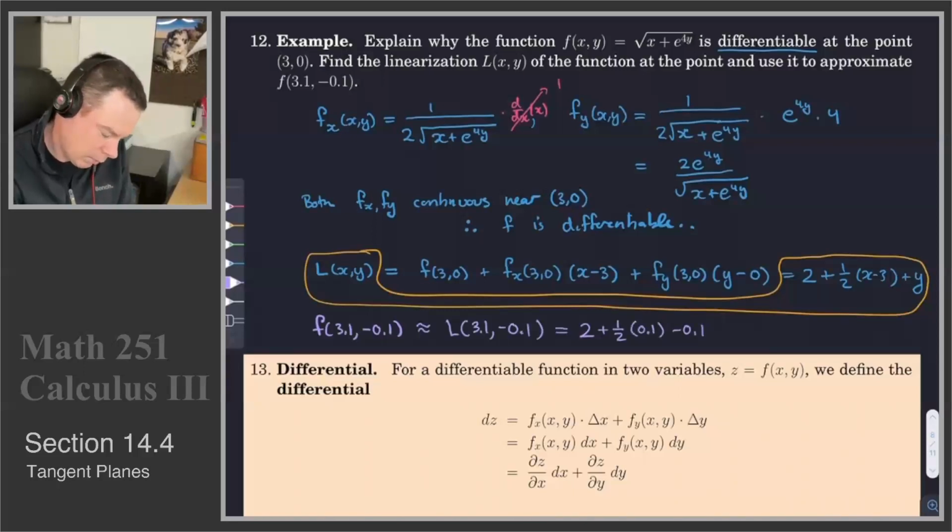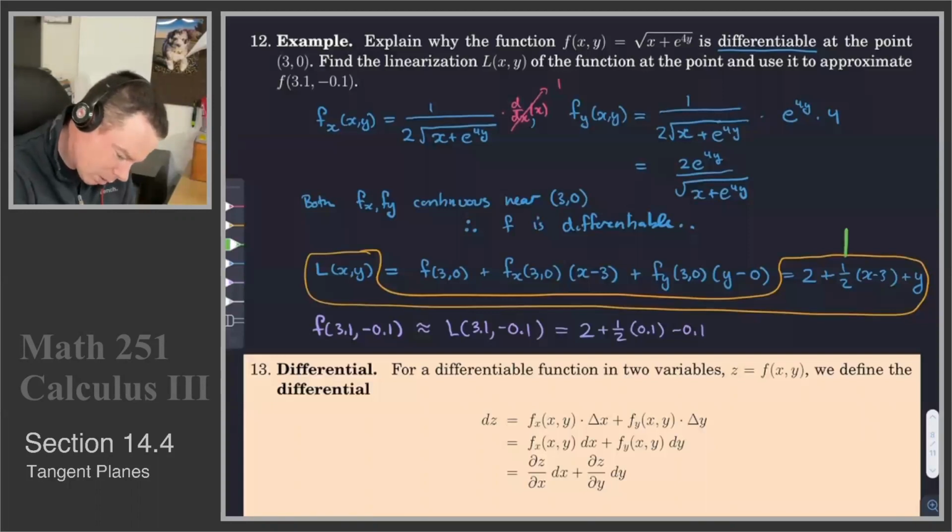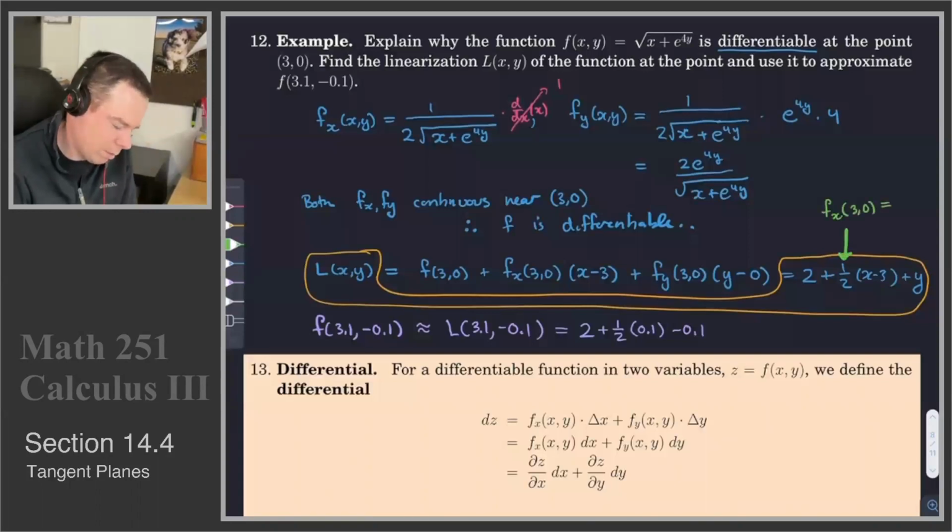Oh, did I write 1/2? I think I should have a quarter in front for this one. This value here is f sub x of 3, 0. And when we put 3, 0 into our f sub x, I get 1 over 2 times the square root of 4.